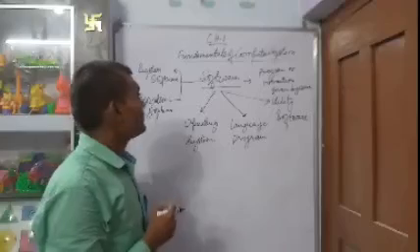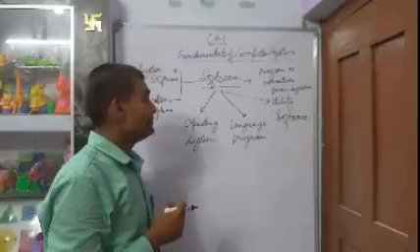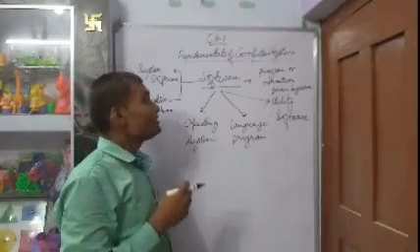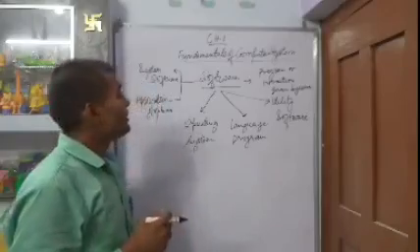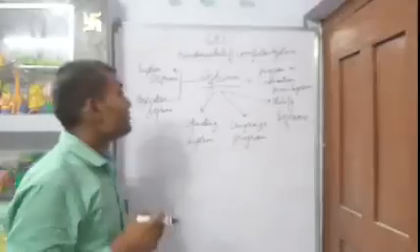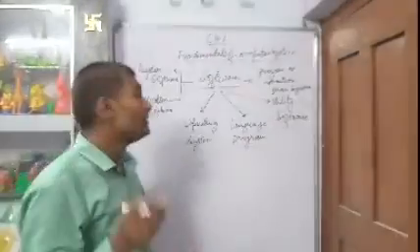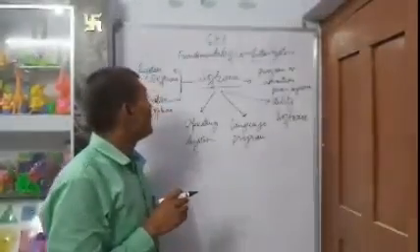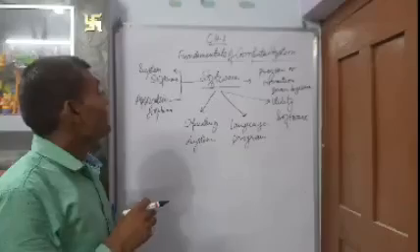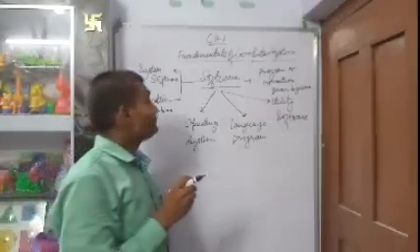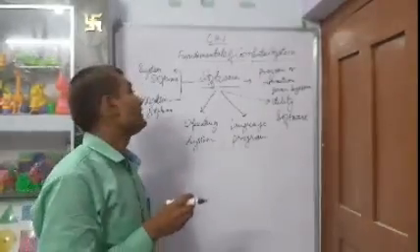Now system software are those software which control the functionality of the whole computer system, including the hardware, and these are the backbone of the computer system.